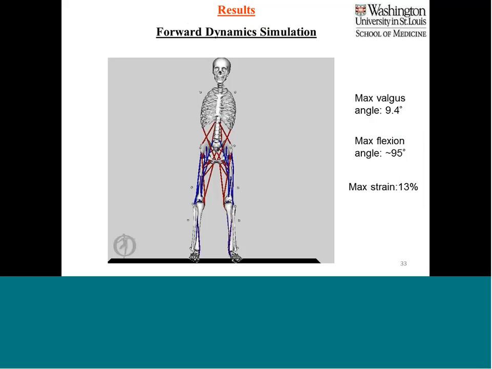So now I'm going to rerun the forward dynamic simulations from the two subjects that I showed earlier. So this is the subject who has the better posture.